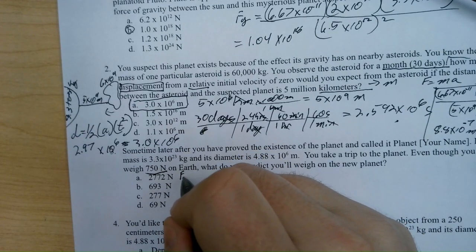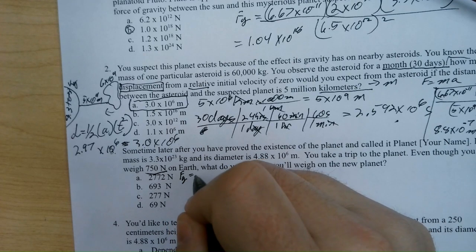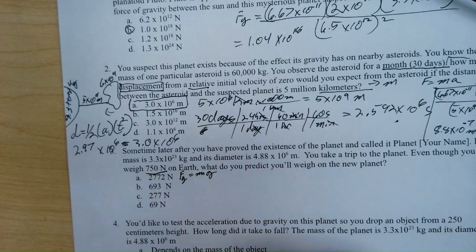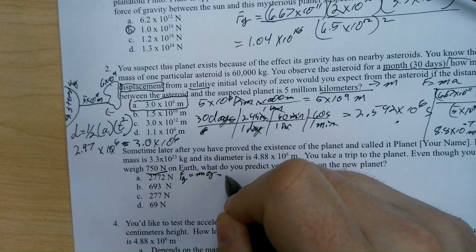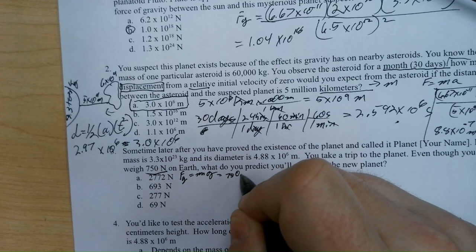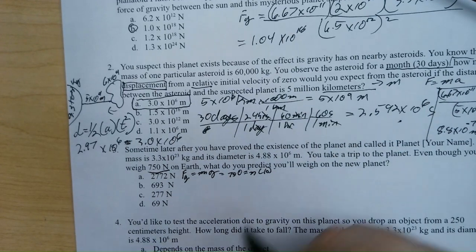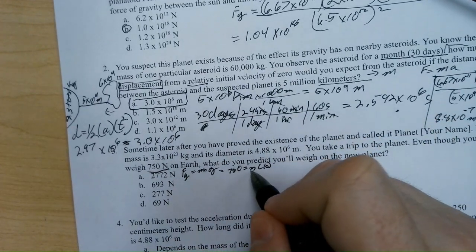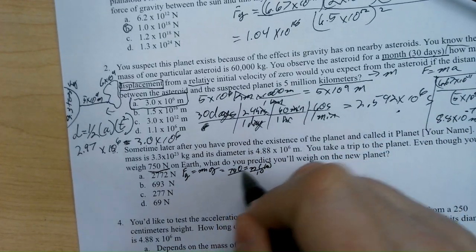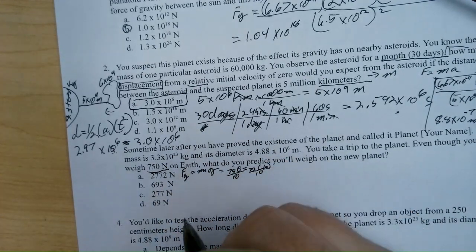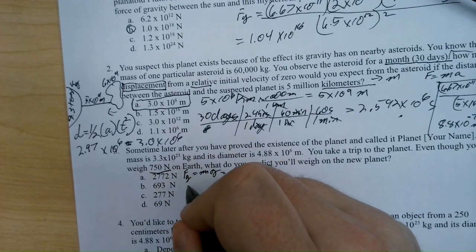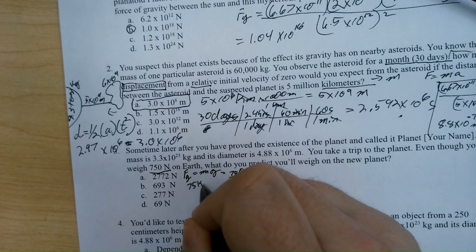Our force of gravity on an object is mass times the acceleration due to gravity, which in this case is 750 equals the mass times approximately 10. I usually use 10. If you want to use 9.8 to be slightly more precise, you can.